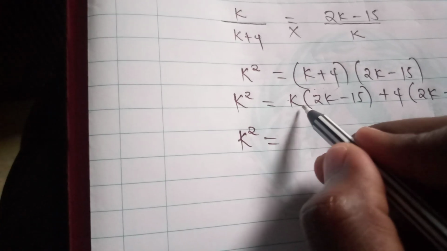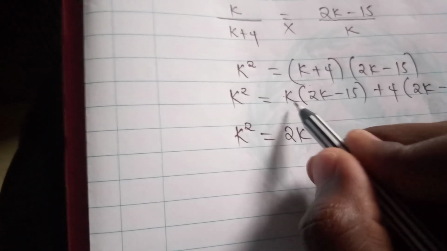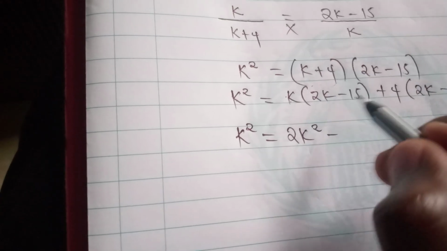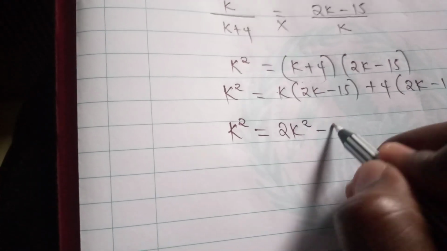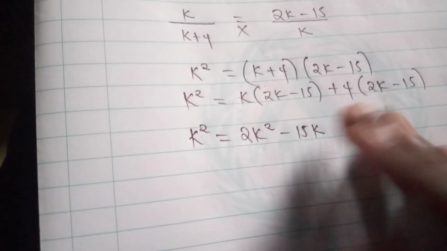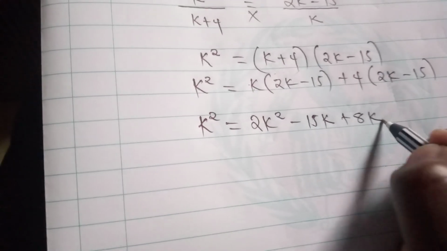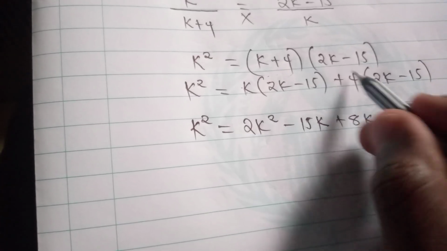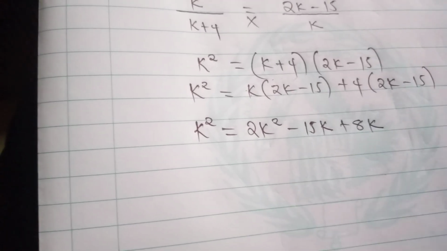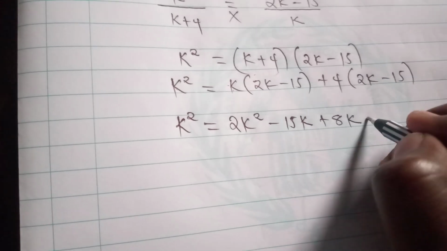So k square is equal to k times 2k, you obtain 2k square, minus k times 15 is negative 15k, and then 4 times 2k, which is positive 8k, and then positive 4 times negative 15, so that is negative something.